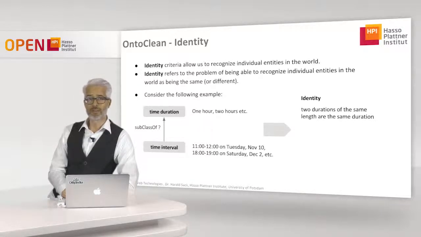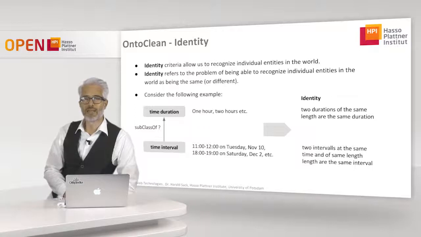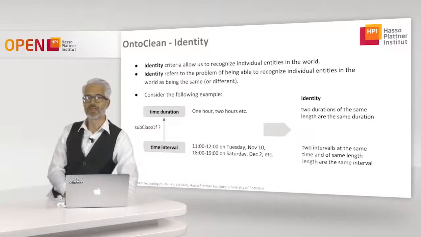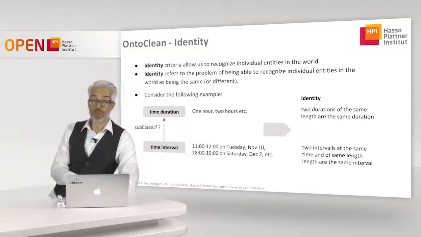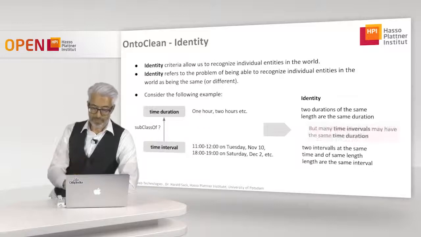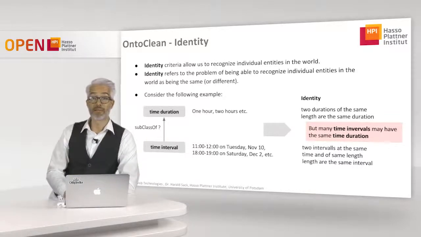Is this also the most important identity criterion, to have the same length? No. Two intervals at the same time and of the same length are the same interval. So you have to consider the point in time and the length. So this means many time intervals might have the same duration.